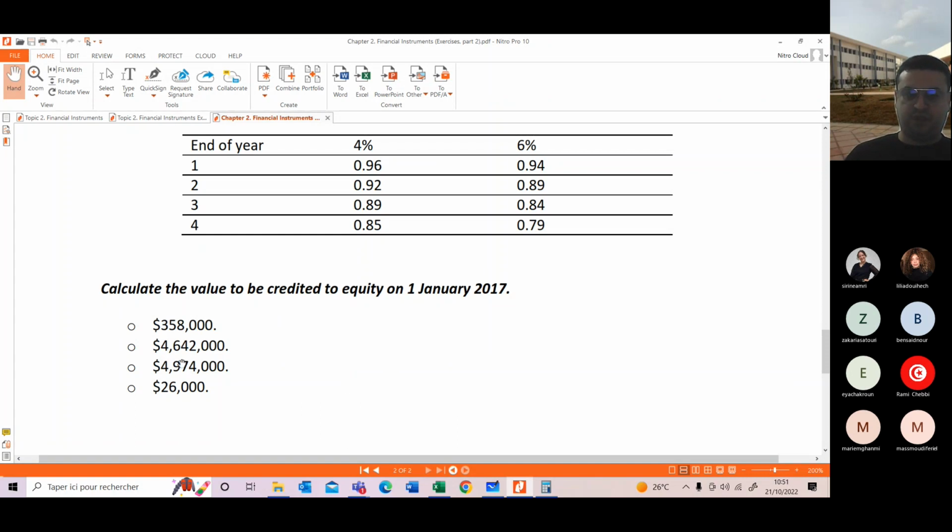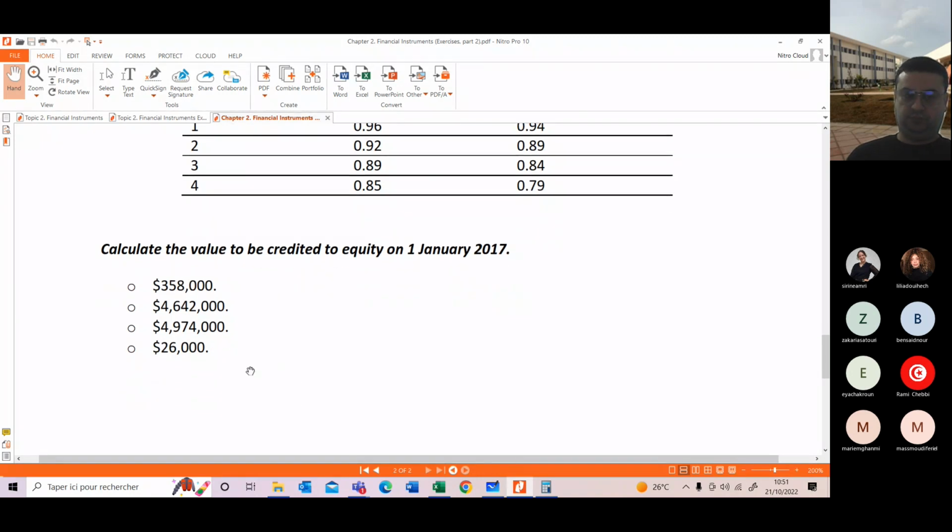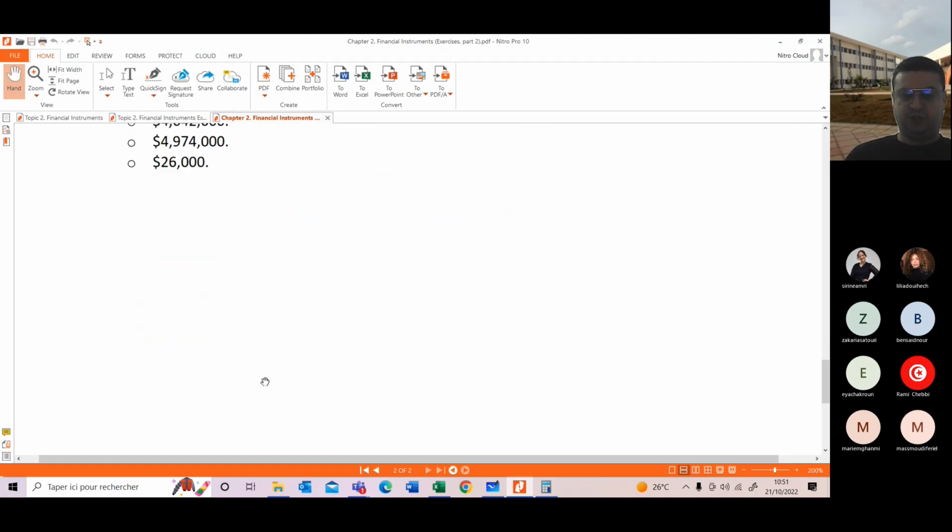You have 358, so the correct answer is this one. The 4,642,000 is the value to be credited to the financial liability, so that one would be B in case we change the question. Makes sense, guys?